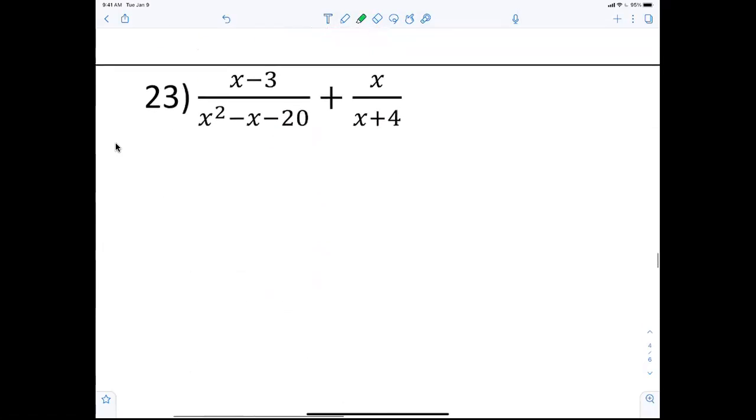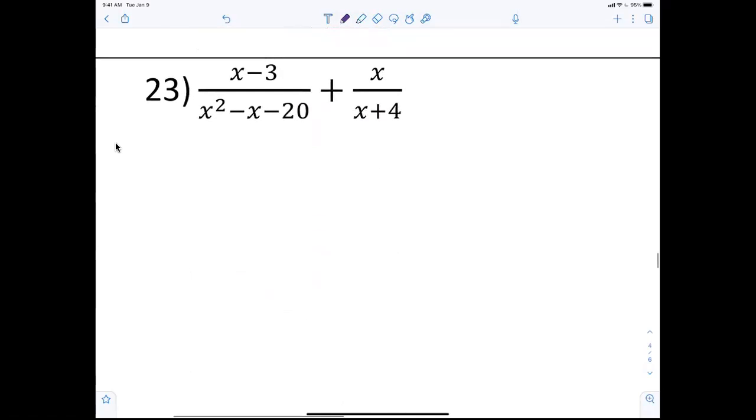All right, here we go. Let's do 23 now. What do I have to do on 23? You have to reduce down to x squared. Get the factors. What are they? X minus 5 and plus 4. No, you guys are not saying it correctly. Factor it. When I say what's the factors, you should be able to tell me: x minus 5 and plus 4.